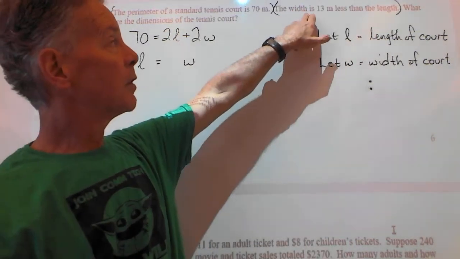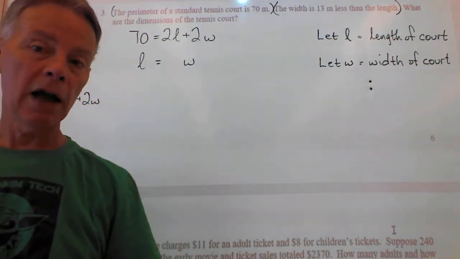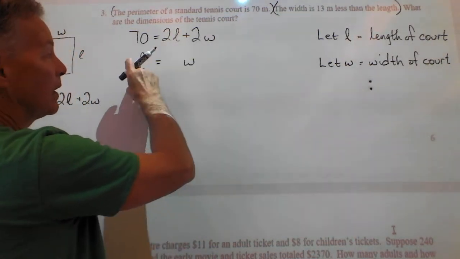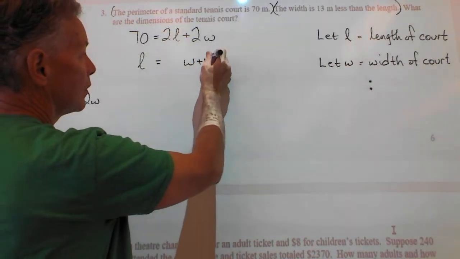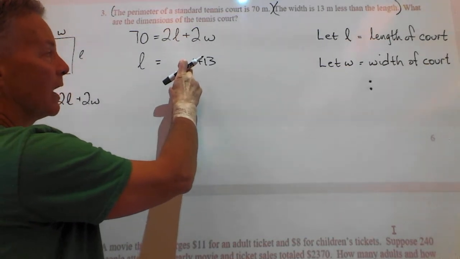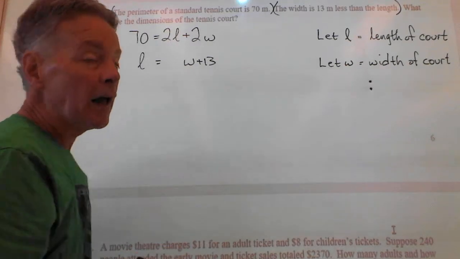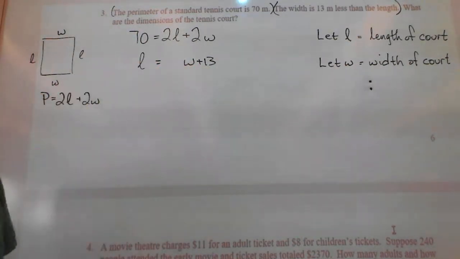Well, it says right up here, the width is 13 meters smaller or less than the length. So, in order to make the width equal the length, we simply have to add 13, right? Because this value is 13 less than this one. So to make it equal, we give it a little bit of help, we add 13 to it, and now it is equal to the length.